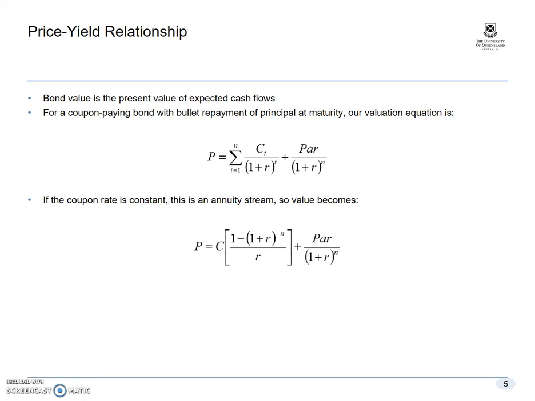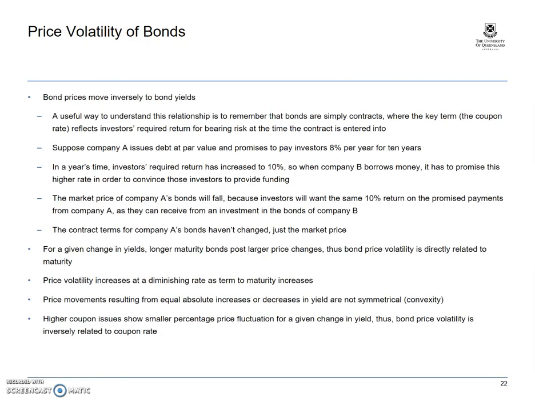So clearly, the greater the time, the bigger the impact for any change in the interest rate. So price volatility increases at a diminishing rate as term to maturity increases. Price movements resulting from equal absolute increases or decreases in yield are not symmetric. So this is what we refer to as convexity.